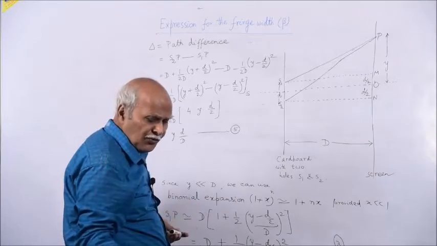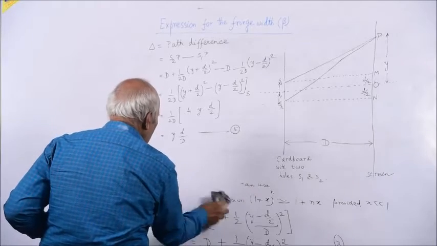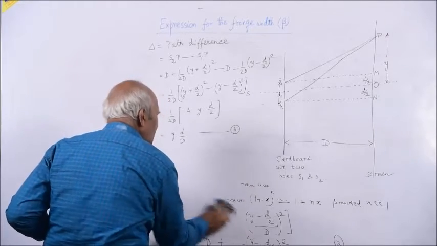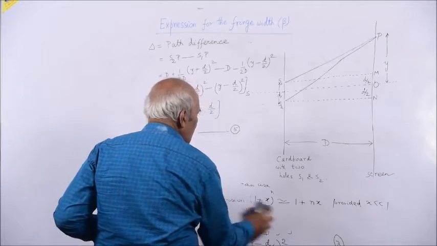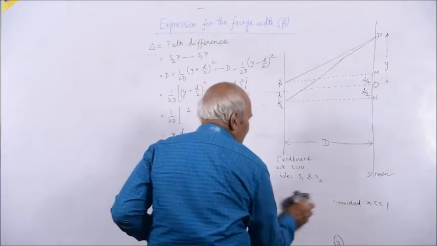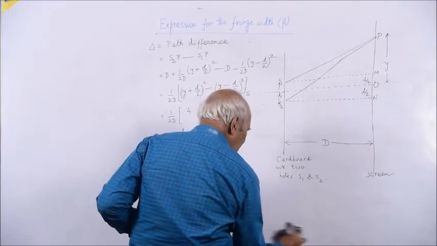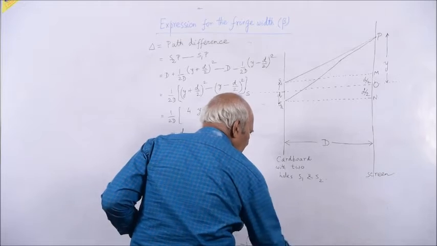Then from the conditions of interference, we know that when the path difference is an even multiple of lambda by 2, there is formation of bright spots on the screen, and if it is an odd multiple of lambda by 2, then dark spots are formed.